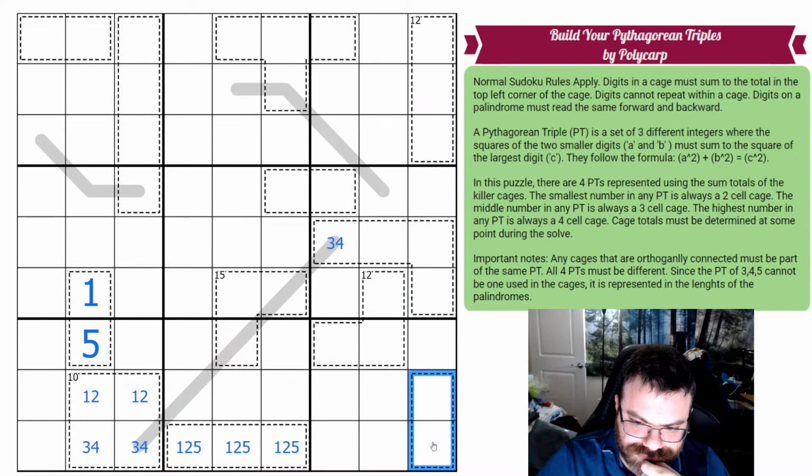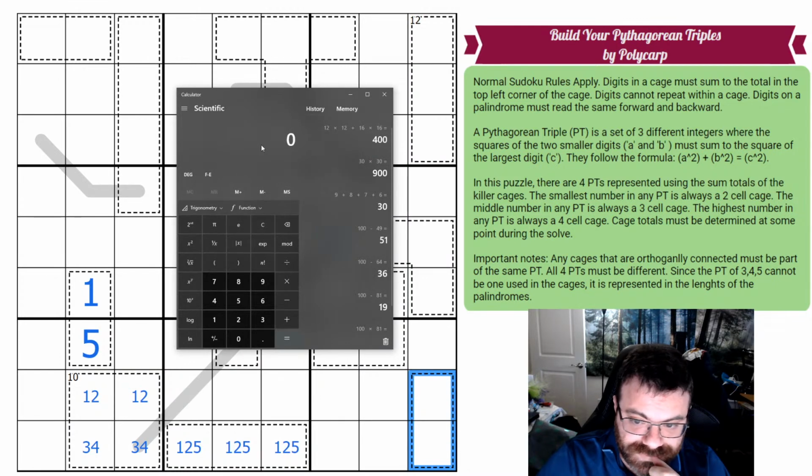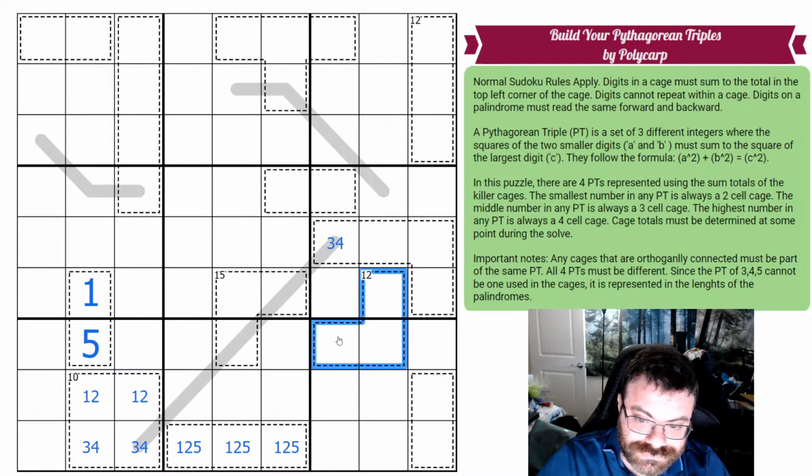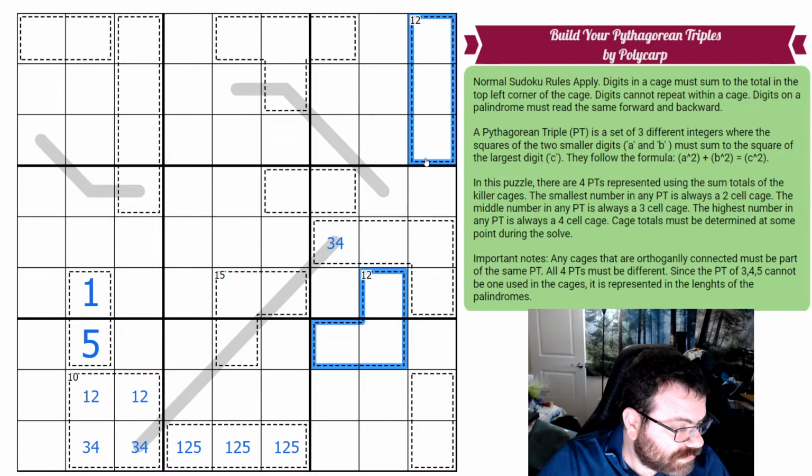I want to say it's 9 then, but I don't know how to... The 12s go with either 13 or 15 in the 4-cell boxes. So then what goes with... Okay, so we got 9, 12, 15, 5, 12, 13.